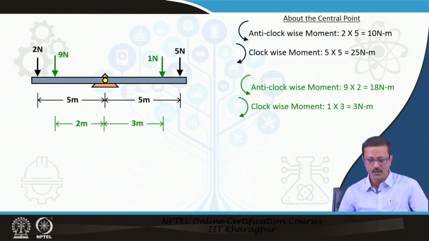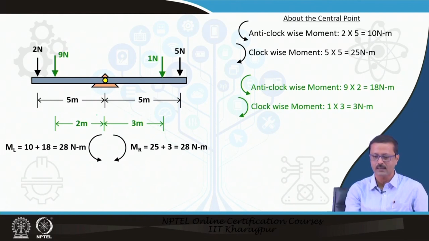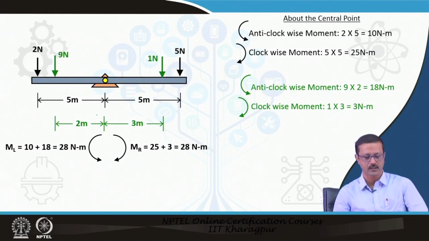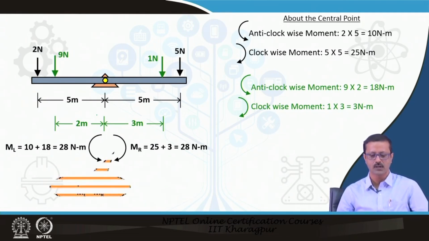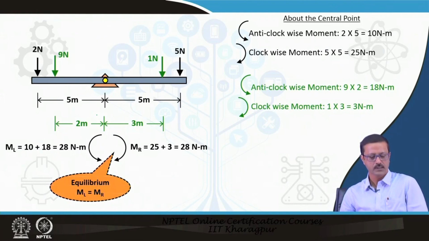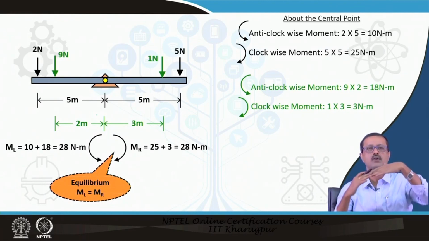Now if I add up all the anti-clockwise moments, that is 10 and 18, that is 28, and the clockwise moments, 25 and 3, that is also 28. So both will be in equilibrium, and in that case this bar will not move.